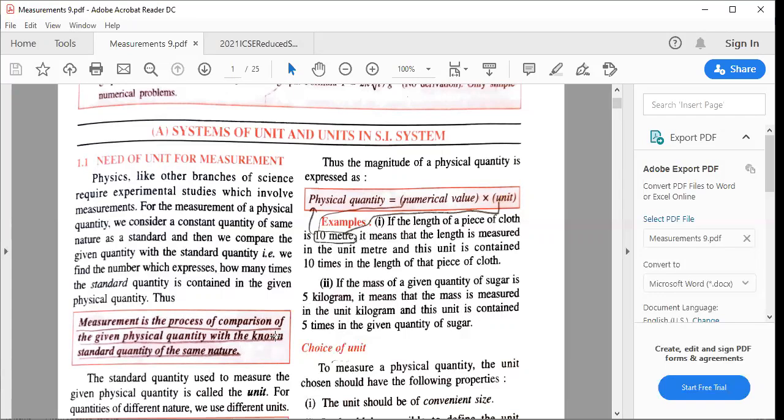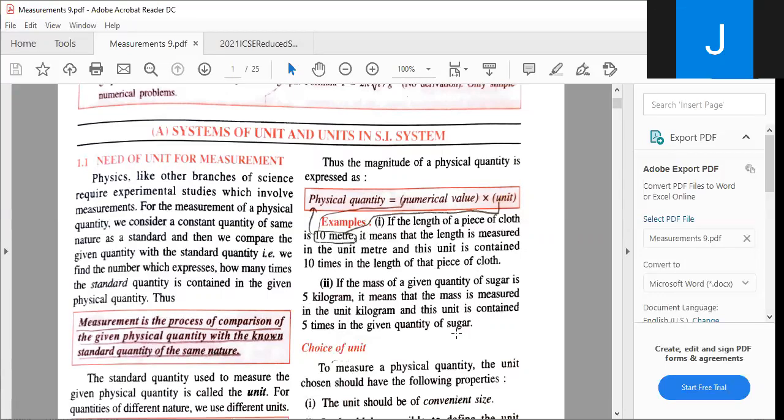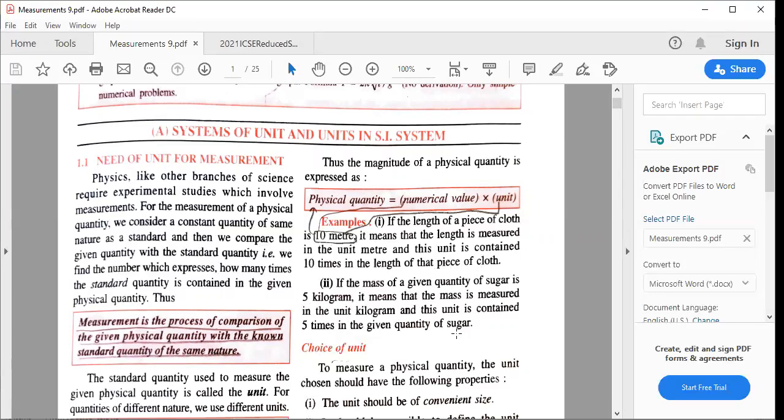That's why it's written there: with the known standard quantity of the same nature. The nature should be the same, okay? So mass will be measured or compared with the standard unit of mass, the kilogram. So mass will not be measured in meters.